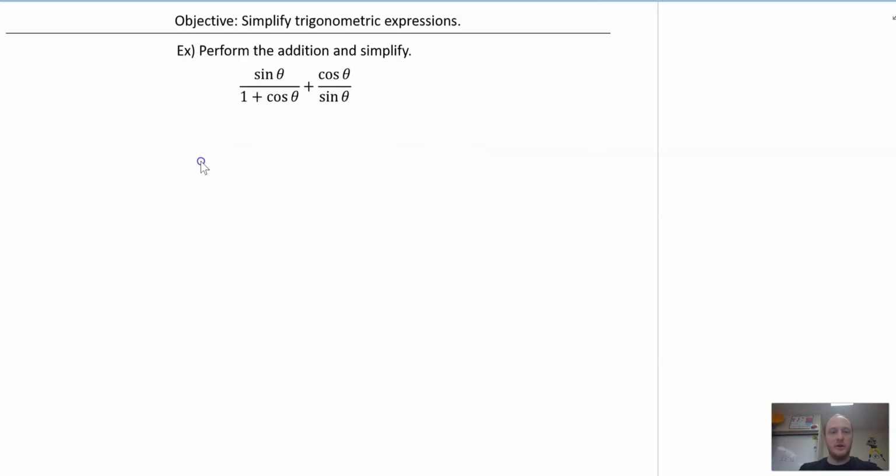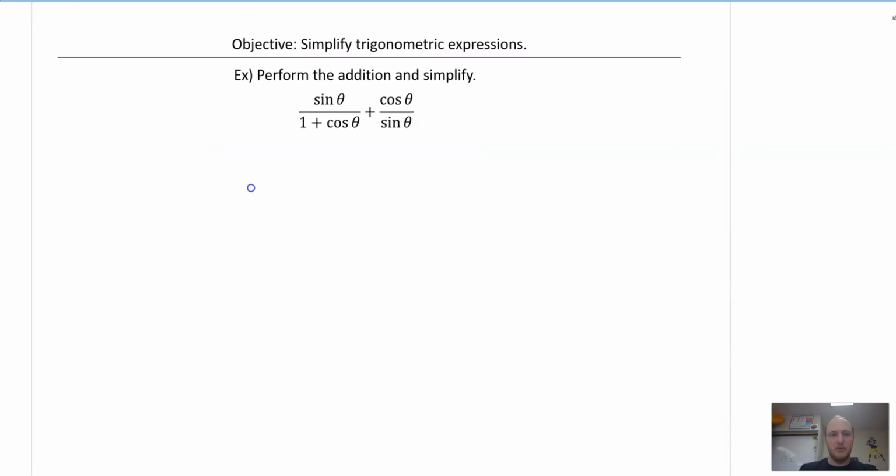Okay, so here is the last type of example that I'm going to show you, and it says perform the addition and simplify. What I hope you see in this example is I have two fractions that I can't add because I don't have a common denominator. So we're going to perform some math magic.